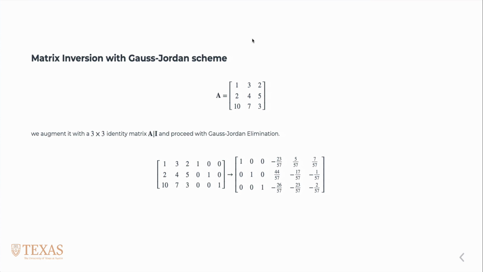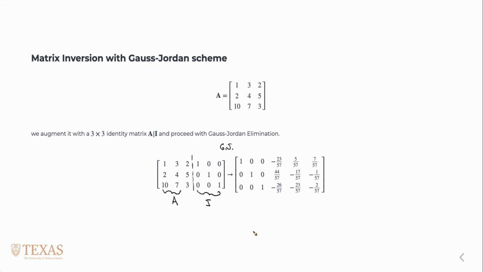For a matrix inverse, if we have a matrix like this and we want to compute its inverse, instead of augmenting it with a right-hand side vector, we augment it with the identity matrix. Remember, we're calling this the augmented matrix, where we have our original matrix A, and then here we have an identity matrix that is the same size as A. Then we just proceed with Gauss-Jordan elimination.